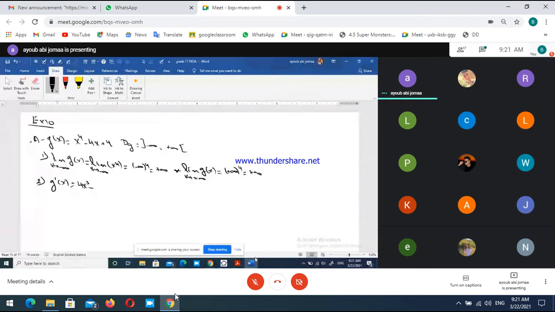The x becomes 1, so minus 4. And the derivative of 4 is 0. Okay, so G prime of X is 4x power 3 minus 4.